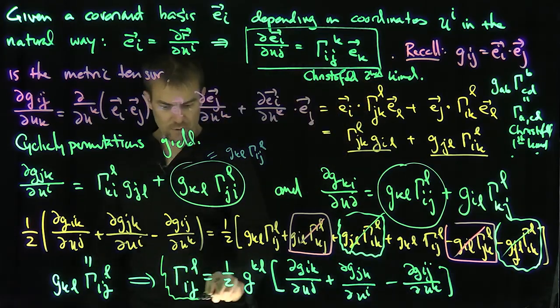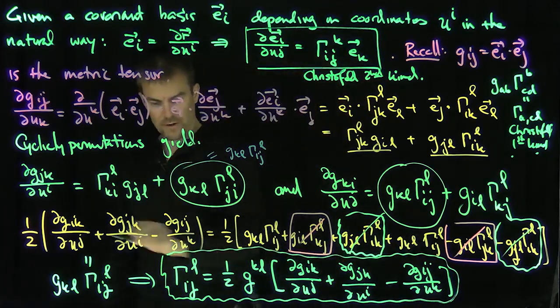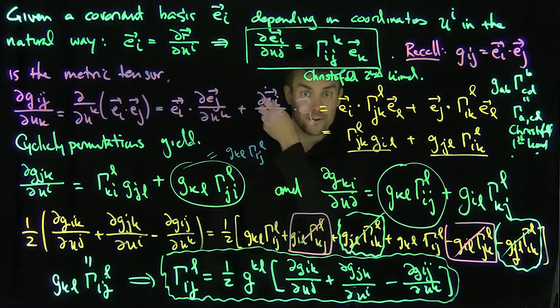And this gives me a representation formula for these Christoffel symbols. This is actually called the intrinsic representation of the Christoffel symbol. So I'm able to write it in terms of the metric tensor and the inverse of the metric tensor.